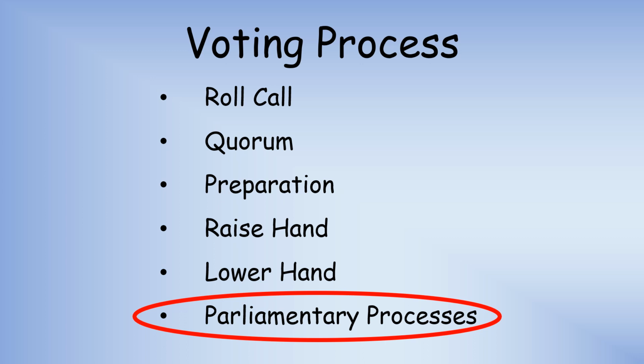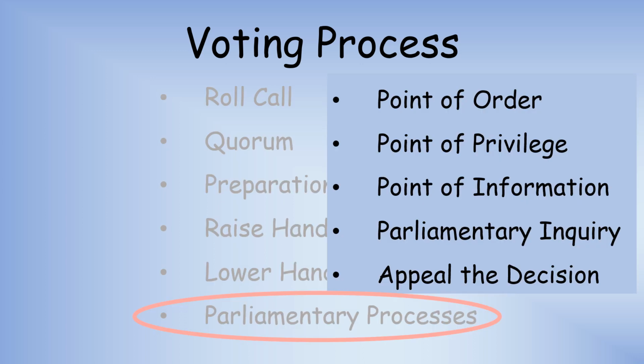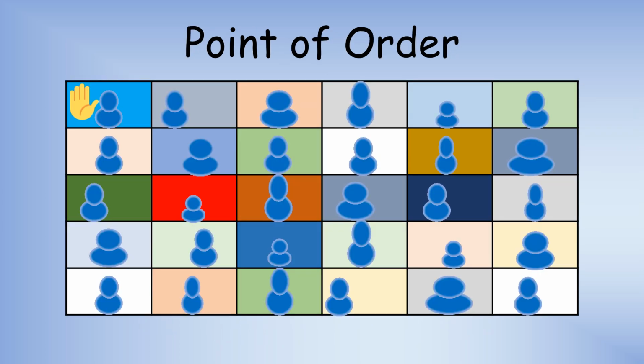There are other parliamentary procedures that occur between votes. These procedures are covered in more detail in the presentation on Robert's Rules and in the presentation on the Standing Rules of Order. All of these parliamentary procedures begin when you raise your hand and wait to be called on by the facilitator.